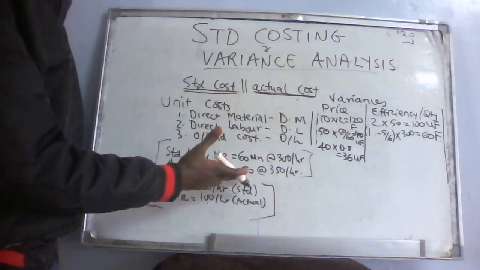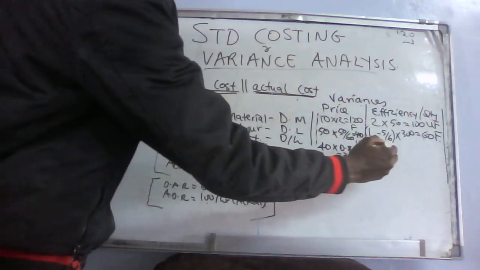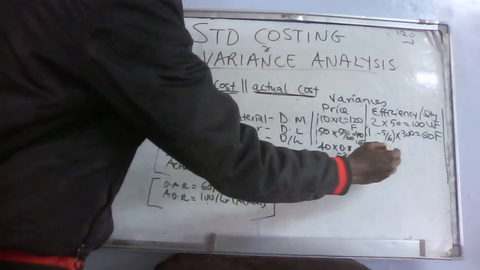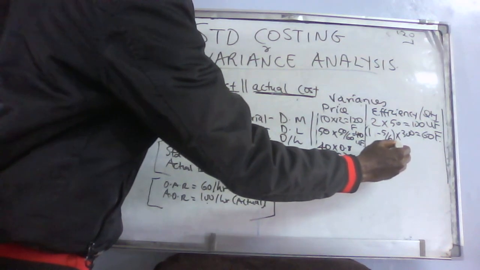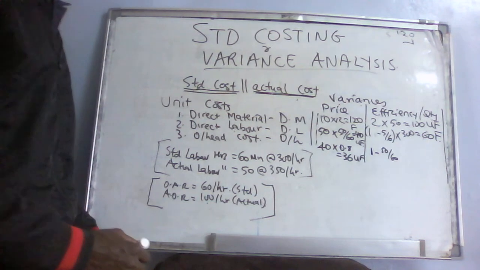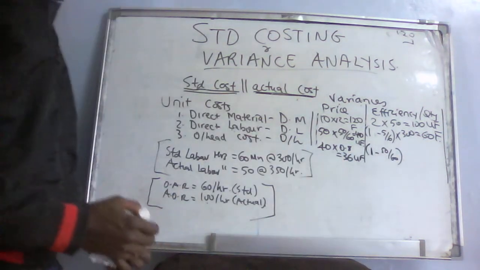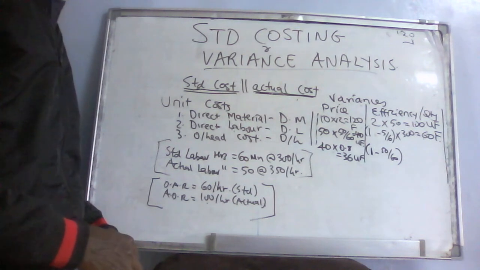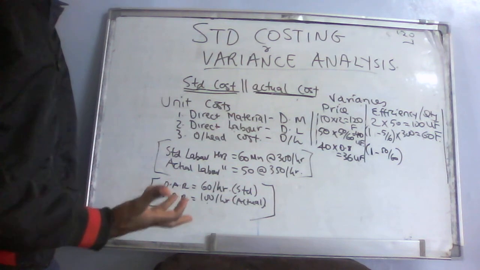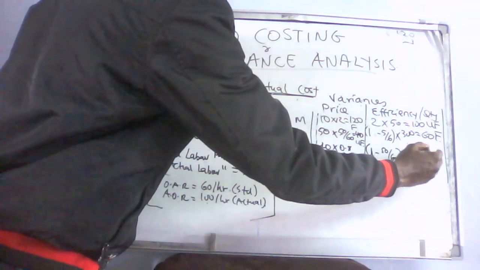So this is still going to guide us, because this was 1 hour minus 5 over 6, or 50 over 60. Because this is the change in labor hours, since our overhead is absorbed based on labor hours, then we are going to multiply times standard rate.